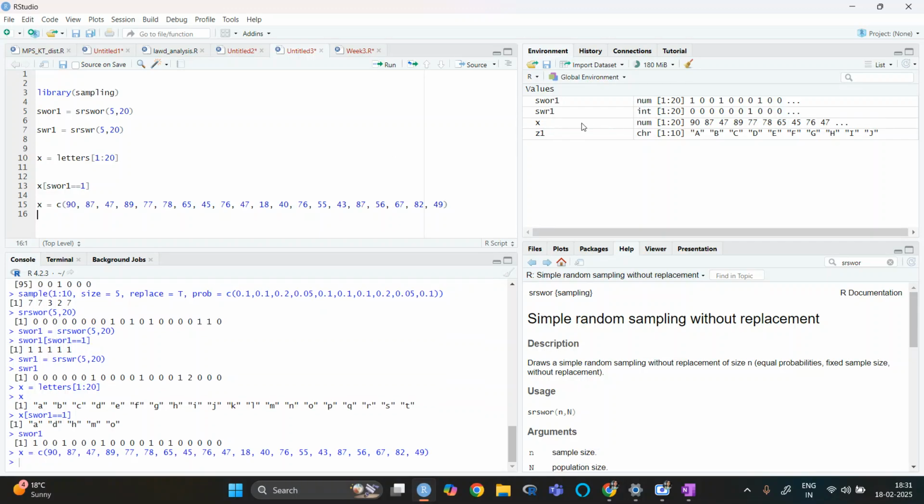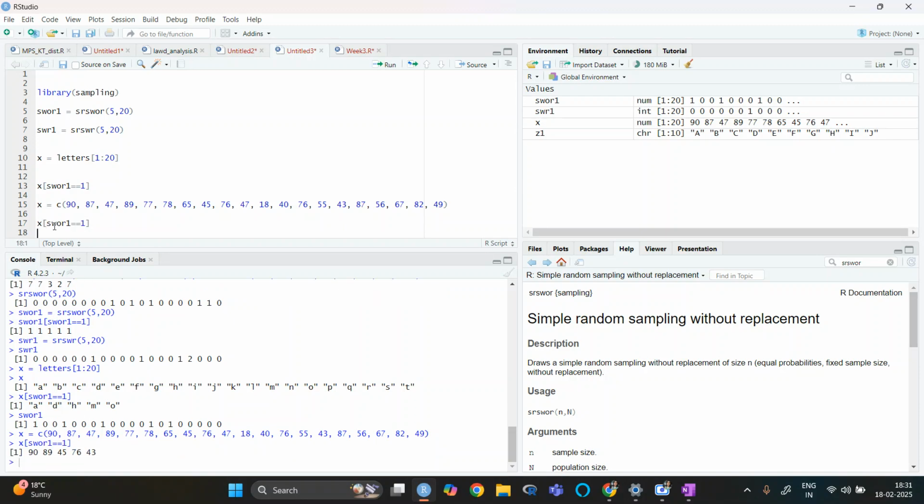So x is like 1 to 20. If I choose x such that this, then it has chosen 19, 89, 45, 76, 43. So it has done one time.